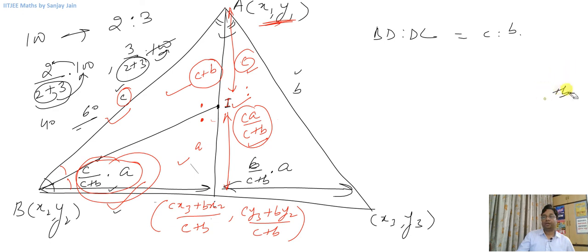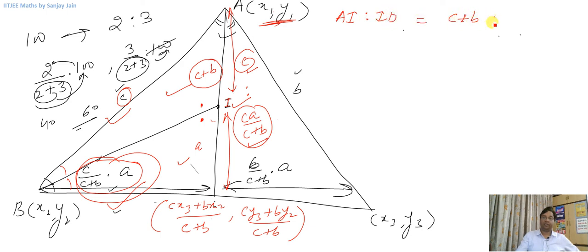So now I've got the coordinates of these two points A and D, and I've got the ratio in which I divides AD. So I know that AI is to ID is equal to C plus B is to A. So to find the coordinates of I, let me apply the section formula.